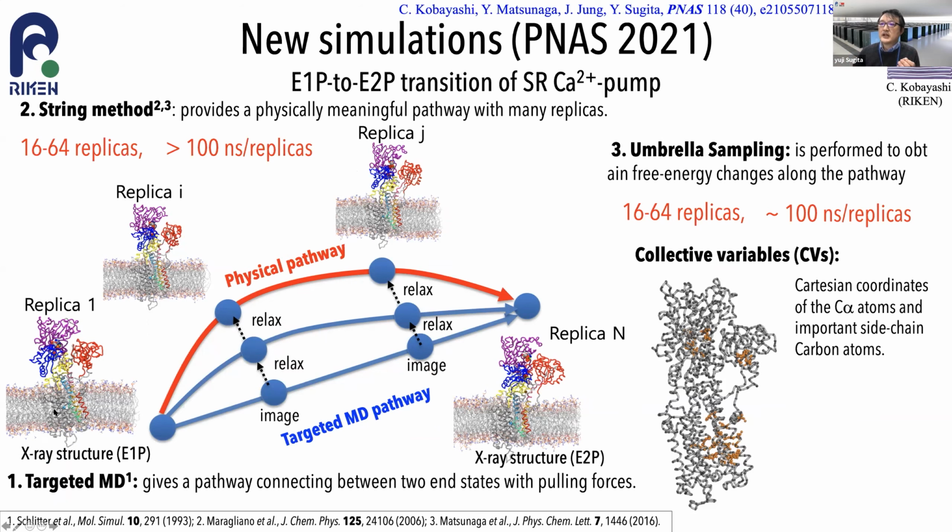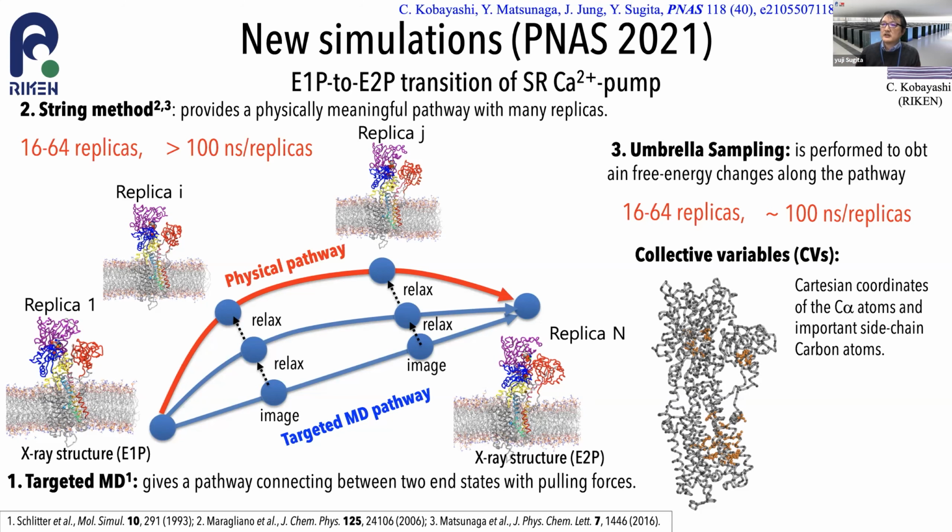Here, the calcium ion is bound, but here the calcium ion is released. So it's actually a big change. But to do this, a single MD simulation is not so efficient. In real time scale, I think it takes milliseconds or longer, so we cannot simulate it directly by MD simulation.